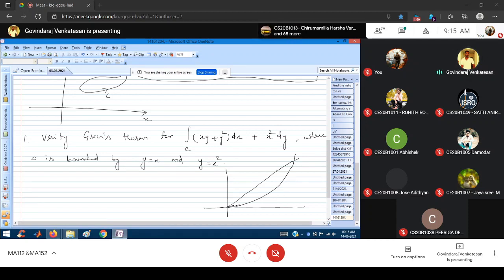So what is the point of intersection for both the curves? Yes, here the value is 0, 0, and here the point of intersection is 1, 1. Super.